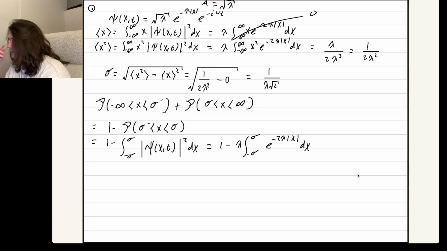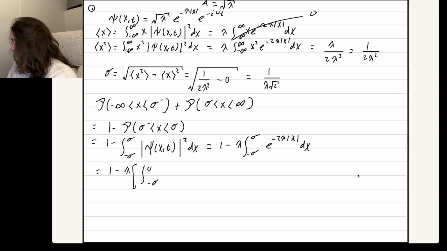That integral is a little bit non-trivial, so you have to split it up into a couple of different regions, from minus sigma to 0, where the absolute value becomes minus x, and then 0 to sigma, where this works as normal, as just minus 2 lambda x.